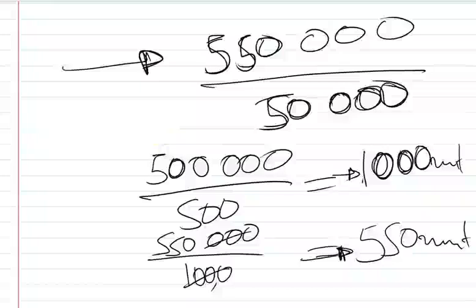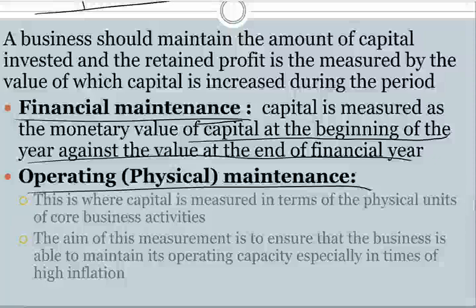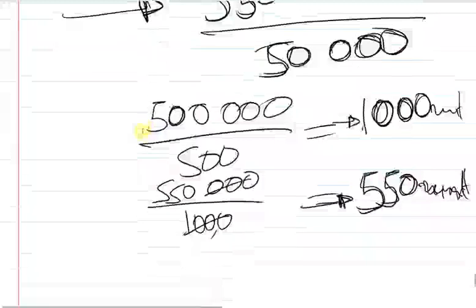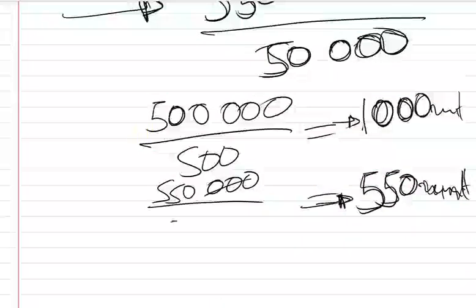Because there's been inflation of the costs, the costs have gone up. Now I'm not able to maintain my level of output. That means I have not maintained my capital in terms of physical output. But if the cost maybe just rose to, let's say, 510, let us see how many units I can produce with the capital I have.